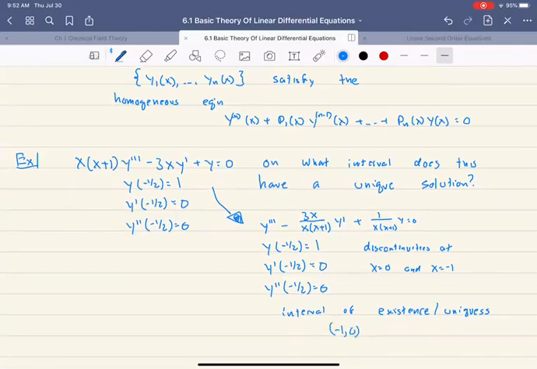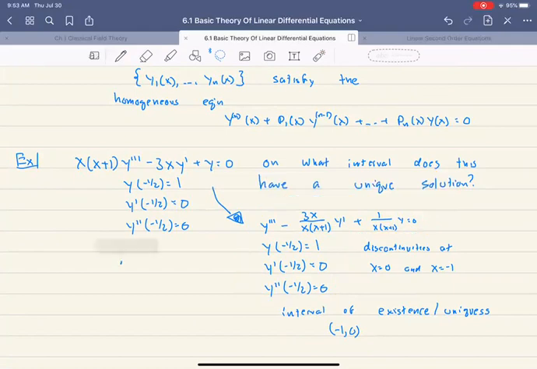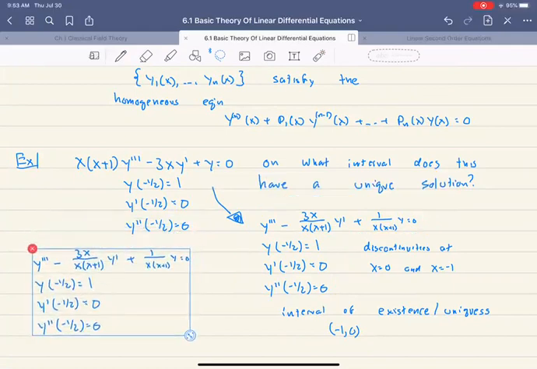Now, let's pretend we had a slightly different problem. We'll stay with this, but let's change our initial conditions to be at positive 1/2. You see the difference, right?